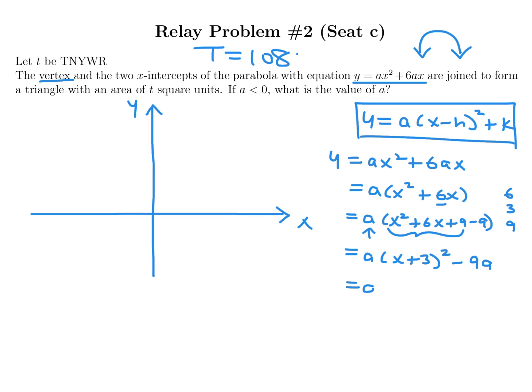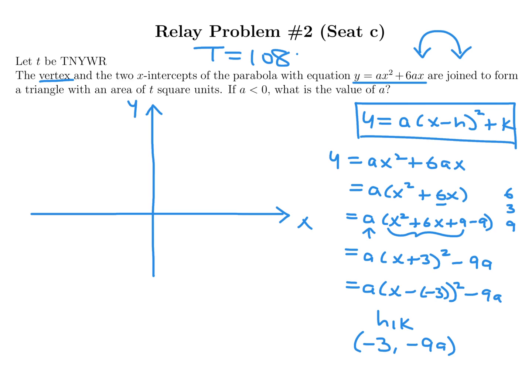So if I just change it ever so slightly to make it match completely like that form, that would tell me that the vertex is (h, k). And in this case, the (h, k) would be (minus 3, minus 9a), I guess, right? Minus 3, minus 9a. Okay.